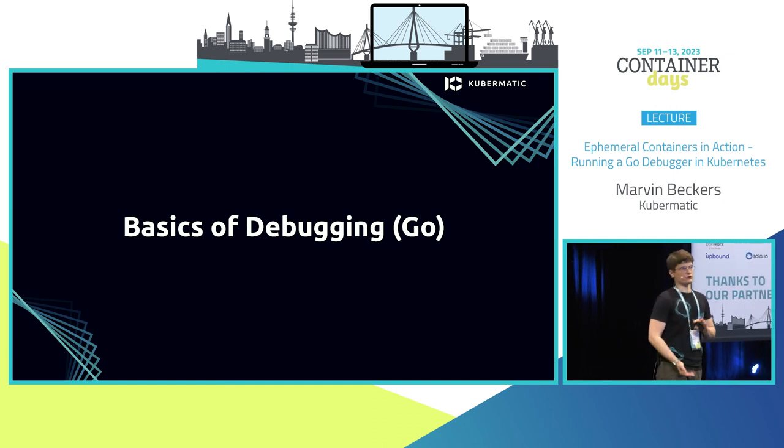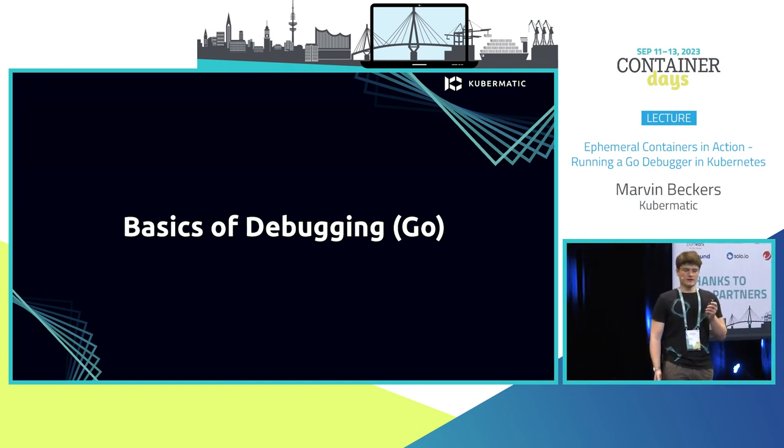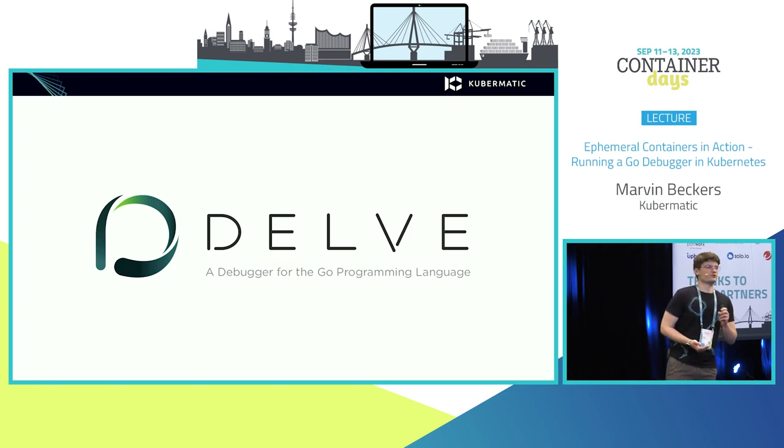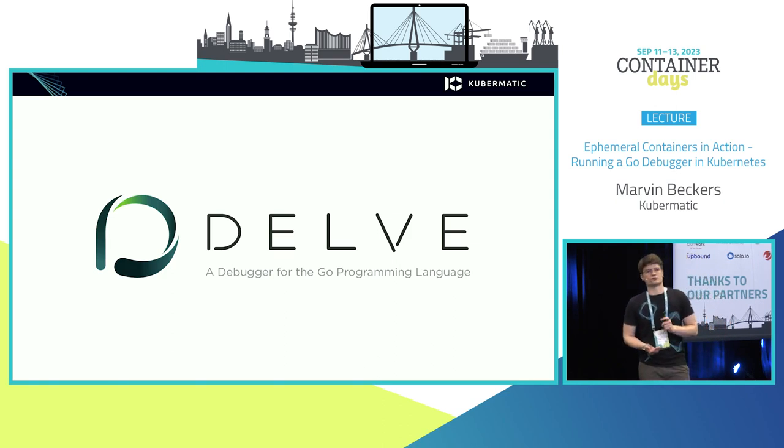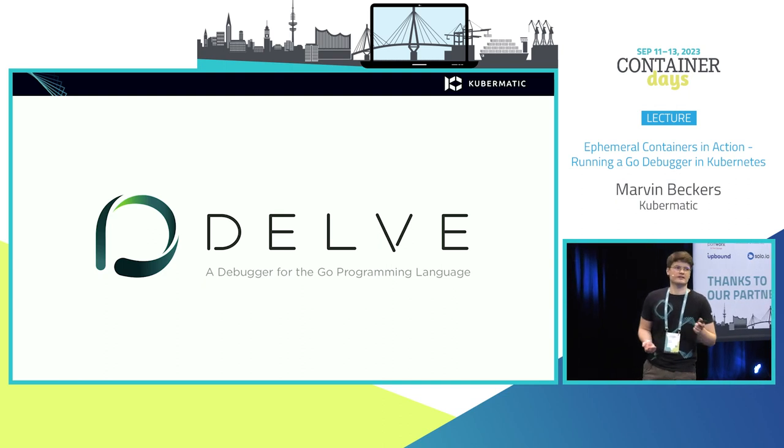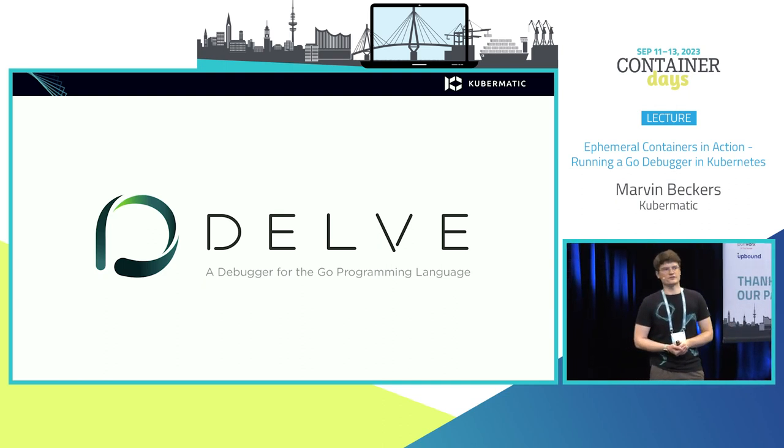But in this case, we're going to talk about Go specifically. So because we're talking about Go specifically, we are also talking about Delve, because, well, Delve is, I would say, the de facto standard Go debugger.